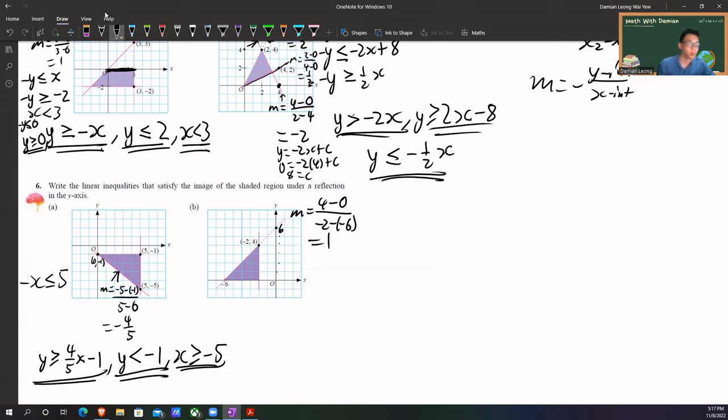Yeah, so y equals x plus 6. Below this line, so less than. Okay, there's no equals, x plus 6. However, I need to negative the x because I flipped on the y-axis. So y less than -x plus 6. Yeah, that's the first inequality put here.